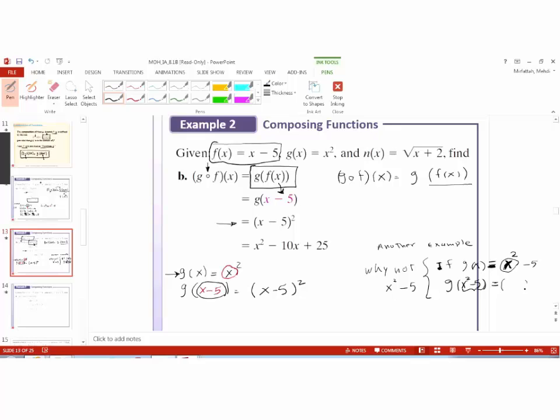So would it be like x squared minus 5 minus 5? Right. Ray says you put x squared minus 5, and then you have to square it again, minus 5. Because you replace only x with this stuff here. Does that make sense?